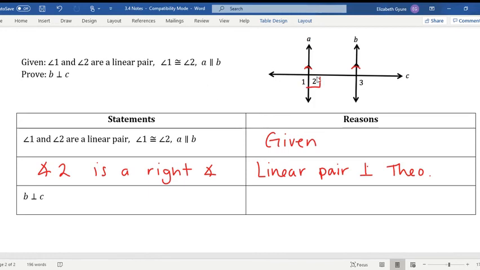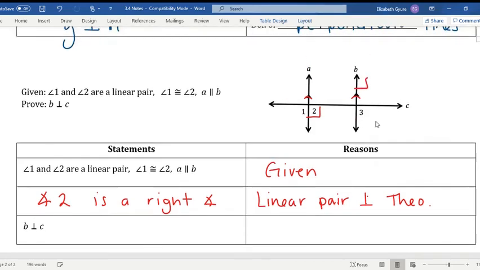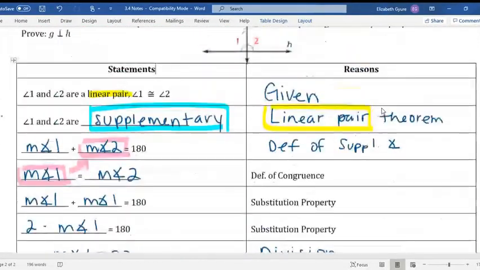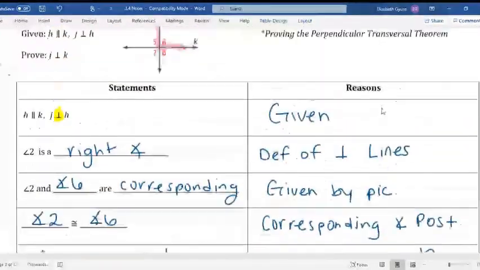So if angle 2 is a right angle, and line A is parallel to line B, what do you think I can then say about angle 3? It's a right angle. We don't need another step because this is another one of our theorems. If you go up, oh my God, it moved. Look, it did it again. It's like haunting me.